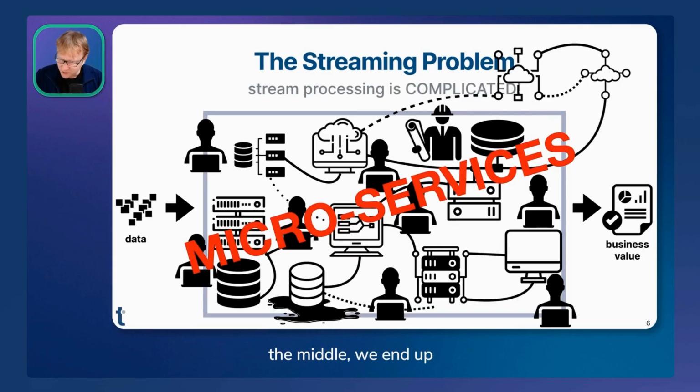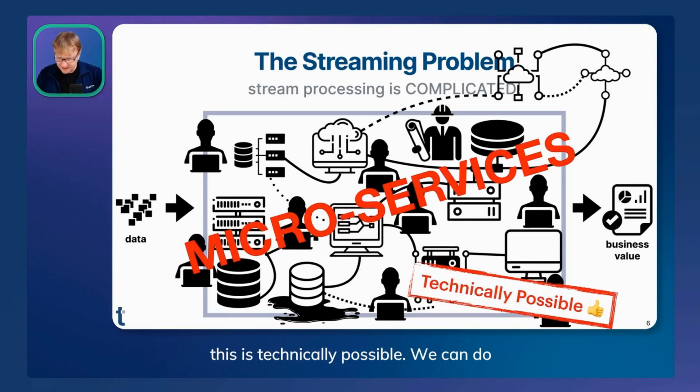But in the middle, we end up with this complex network of microservices with implicit interdependencies, and what might start as a good solution evolves over time as people come and go from the teams and turns into a really thorny problem.